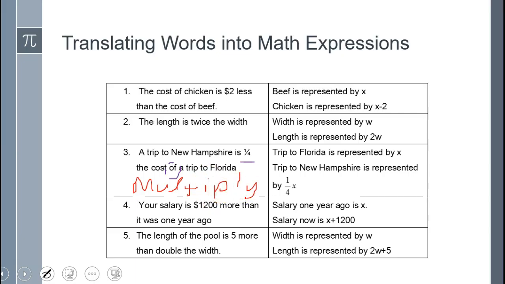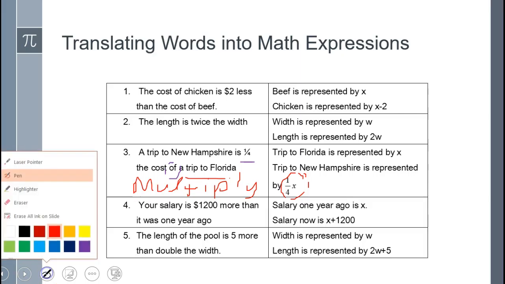So the trip to Florida is represented by X because cost of what? Of a trip to Florida. That's what you're referencing to. So a trip to New Hampshire is 1/4 times X. So if you knew a trip to Florida was $400, a trip to New Hampshire would be 1/4 times 400.